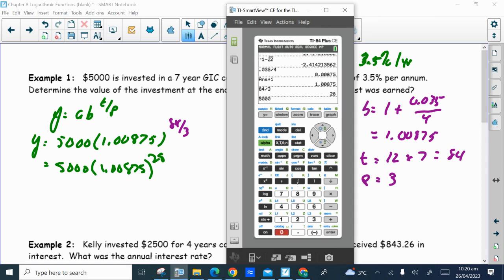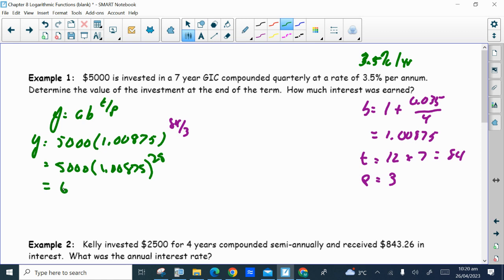We have the $5,000 initial investment times 1.00875 to the power 28. So there's the value of the investment after the 7 years, $6,381, and we would round to the nearest cent, so 30 cents. $6,381.30. That's the amount of the investment, which is the first thing we're asked to determine.